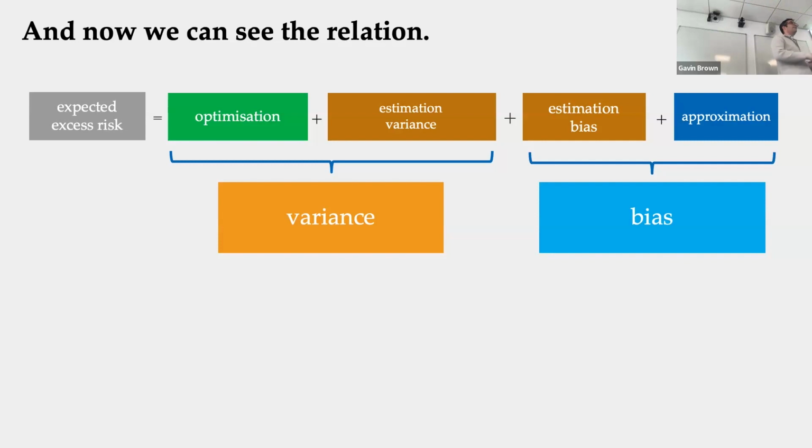In computational learning theory, what people do is form generalization bounds, and there's a class of bounds based on so-called uniform deviation bounds, and that is an upper bound on the estimation error. So both of these terms at the same time. That class of bounds pushes down on part of the variance and part of the bias, if that makes sense.